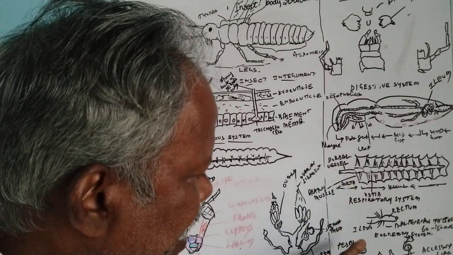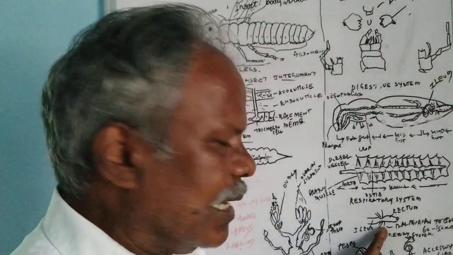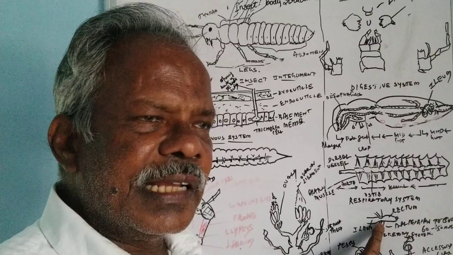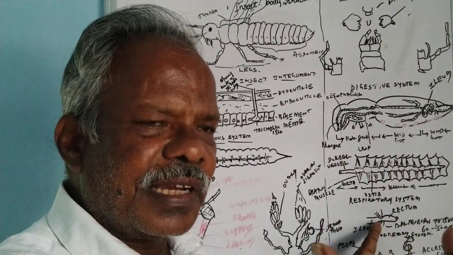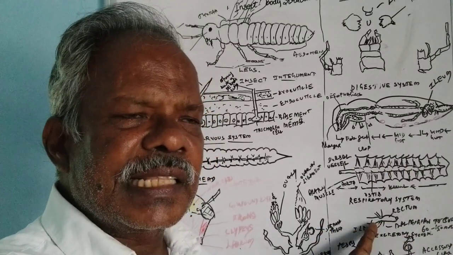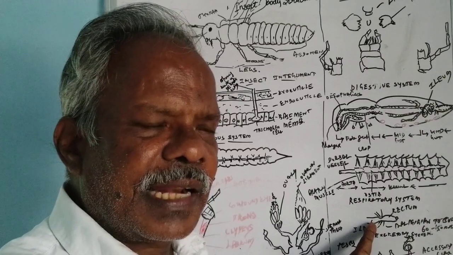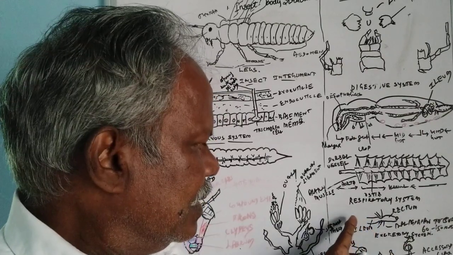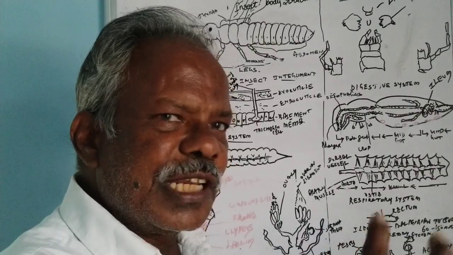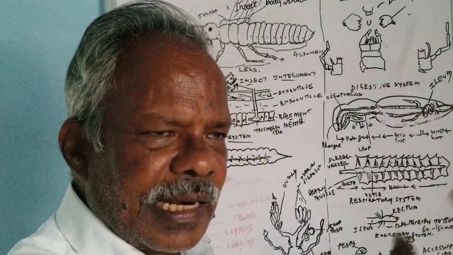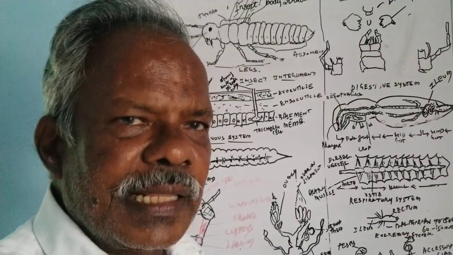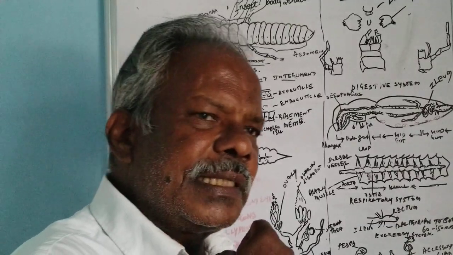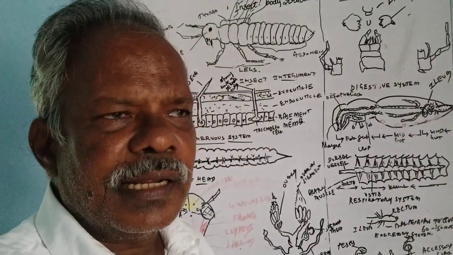In the case of human beings, there is a kidney, and inside the kidney the nephrons are there. The urine is secreted and then eliminated through the ureter.